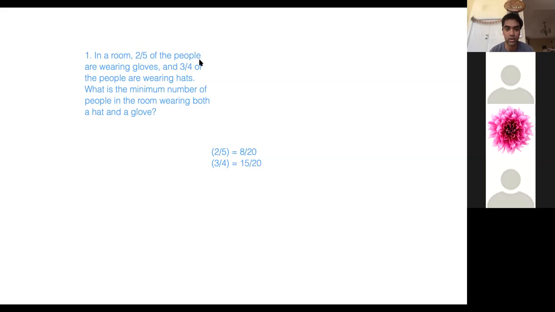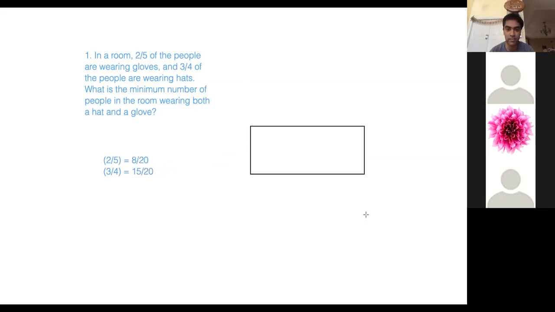I'll show you another way that you can think about this. Think about, we have one class. Let me just imagine this is the class. And we know that 2/5 of them are wearing gloves. So let's say this is the portion that's wearing gloves. And this is the portion that's wearing hats. Something like this.